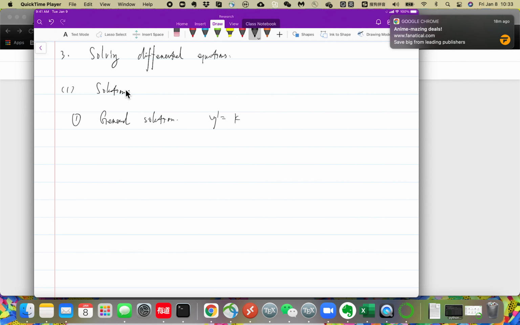Example, y prime equals ky. The general solution is y equals c e to the kt. Why? Because number one, if I plug in c e to the kt, it does satisfy the differential equation, that is y prime equals ky.